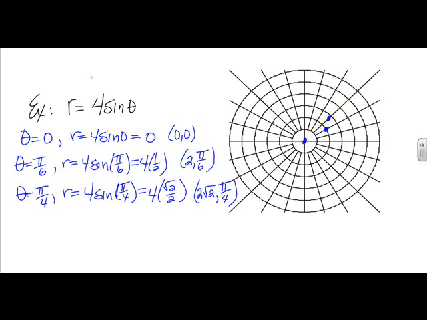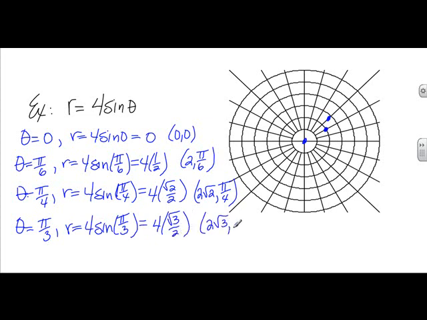And then moving on, theta is pi over 3. r is 4 times the sine of pi over 3, so 4 times the square root of 3 over 2, which would give me 2 square roots of 3, comma, pi over 3 for my point.